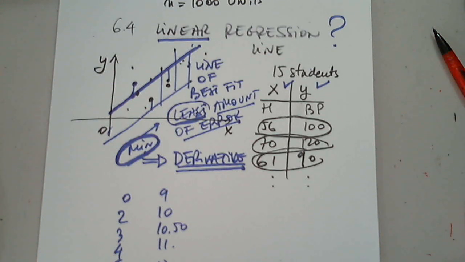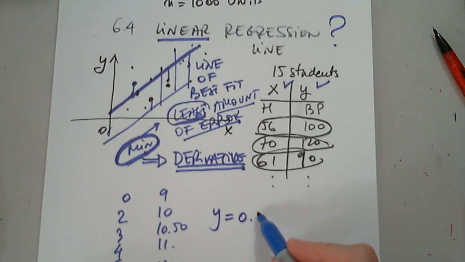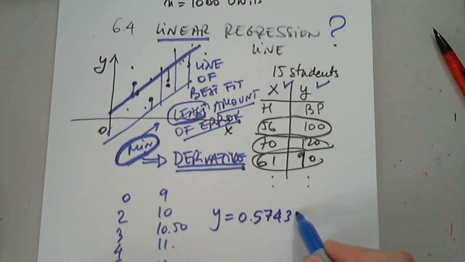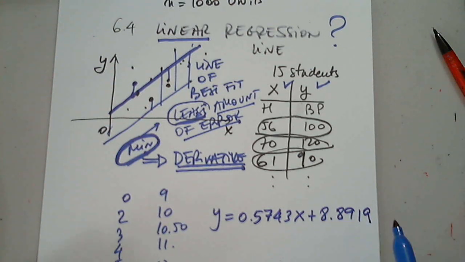And it's going to give us Y equals the slope times X plus the y-intercept. Press enter. So we have Y equals the slope. 4 digits is good enough. 5743 times X plus 8.8919.